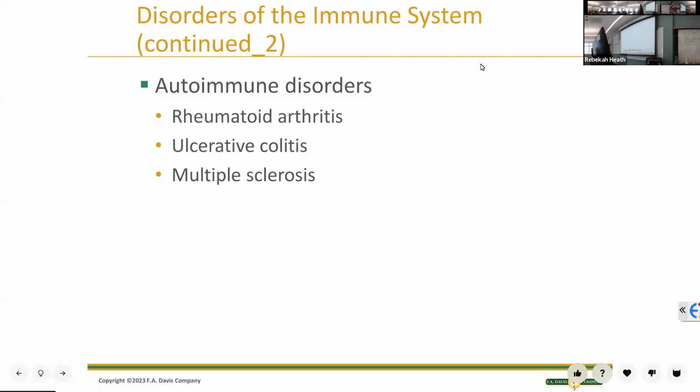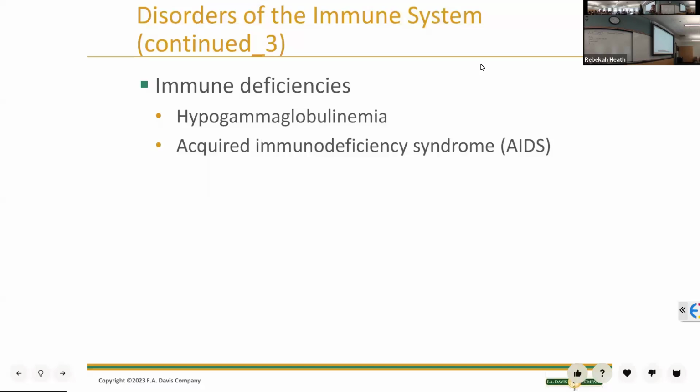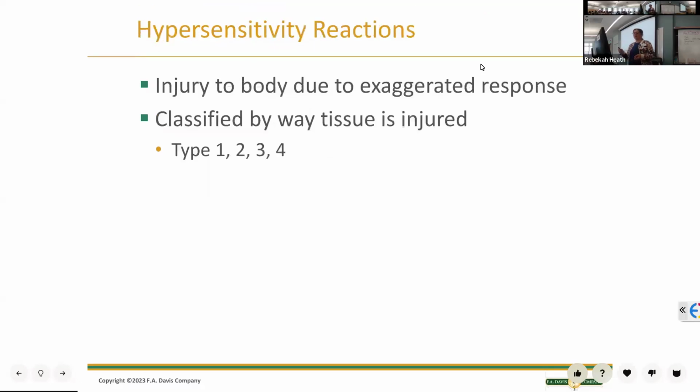You see that these are all different body systems, because depending on where the immune system is attacking or triggering, it can impact any system of our body. And then immune deficiencies, some examples might be AIDS, like we talked about last week. Those are a couple of examples of immune deficiencies overall.